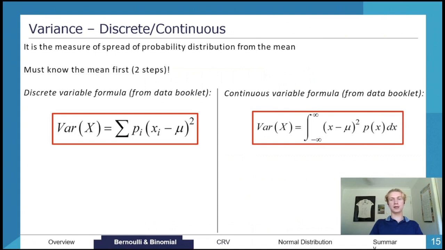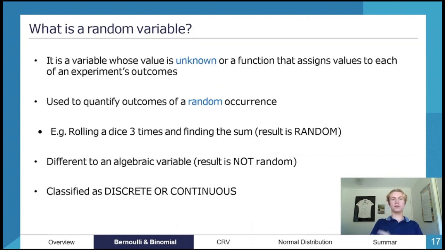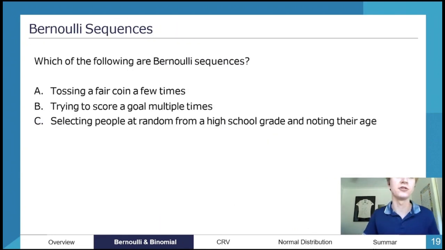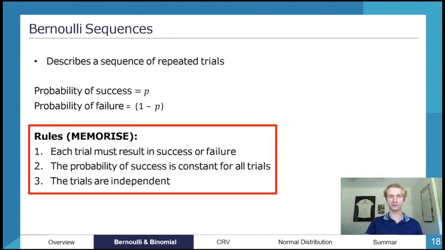For continuous, we integrate between the two values, whereas for discrete, it's actually given already what the probability is going to be. Sometimes it'll give you the probability of yes is 0.5, and ask what's the probability of no? It'll also be 0.5, so 1 minus that. But usually it's kind of like what you did in year 10, common sense, as opposed to having to plug in values as you do for continuous variables.